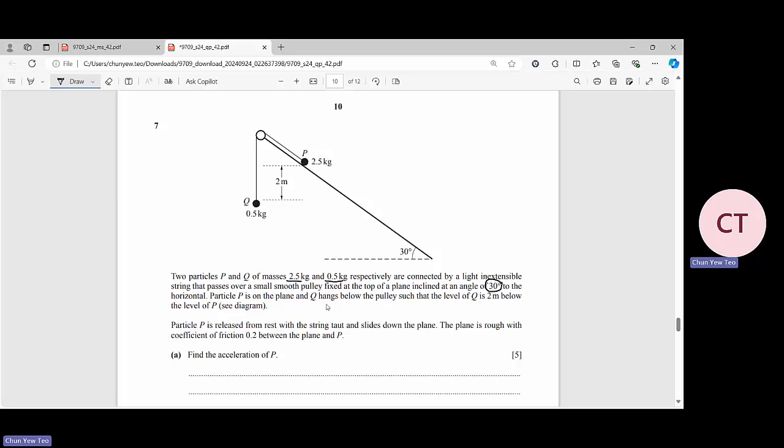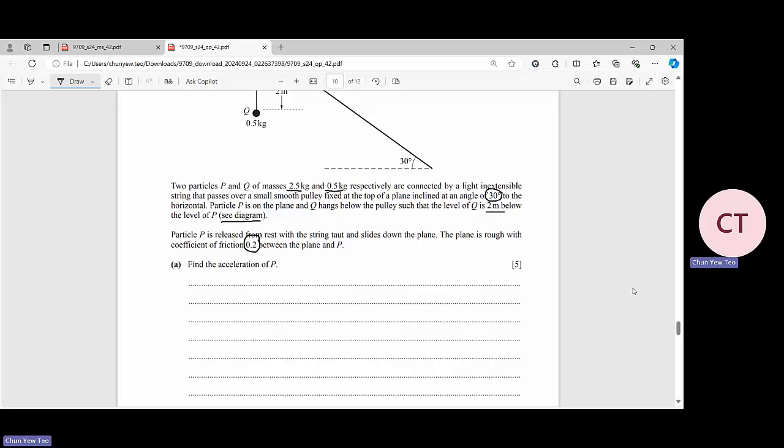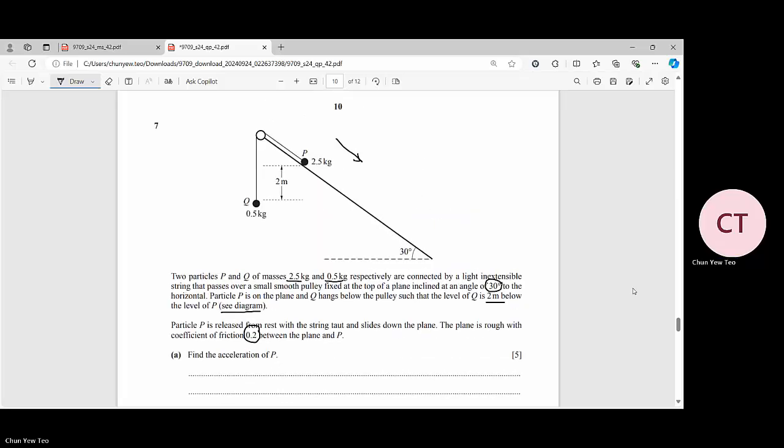Particle P is on the plane and Q hangs below the pulley such that the level of Q is 2 meters below the level of P. See the diagram. Particle P is released from rest with the string taut and slides down the plane. So the direction of the motion is going down here. The plane is rough with the coefficient of friction 0.2 between the plane and the P. Find the acceleration of the P.